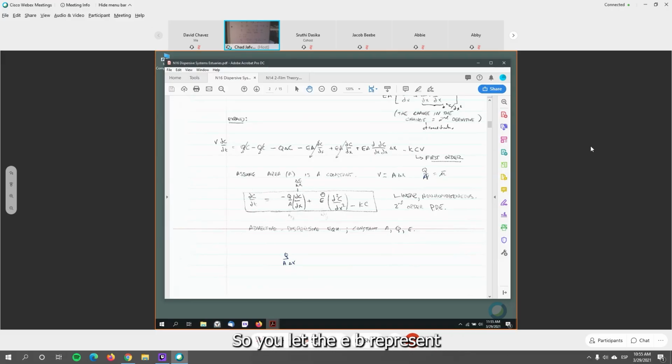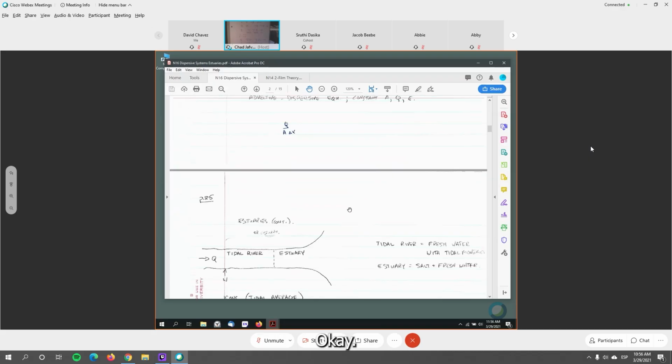So I've let the e represent the dispersion coefficient. This is a linear, non-homogeneous second order partial differential equation because concentration is a function of time and a function of distance. It's the advective dispersion equation with constant cross-sectional area, constant flow, constant dispersion coefficient, okay?